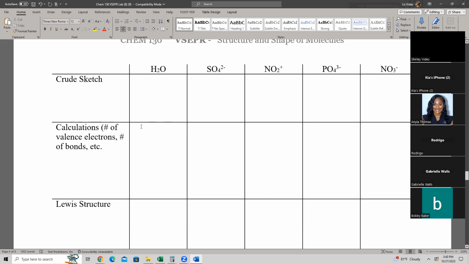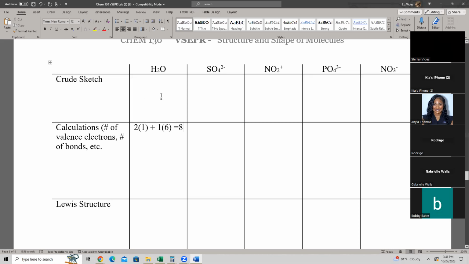Okay, so you always do the calculations first, right? So this is water. So you know that there are two hydrogens, right? And each one is a 1. Plus, there's 1 oxygen, and that's a 6. That's a total of 8, right?